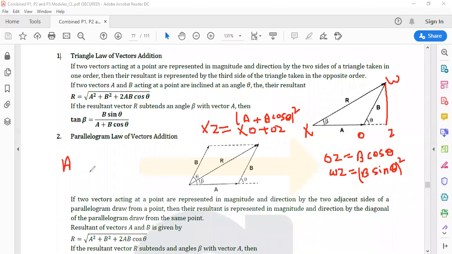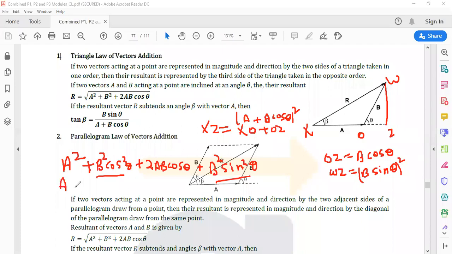So we will have A square plus B square cos square theta plus 2AB cos theta plus B square sin square theta. From the second term and fourth term, we can take B square common.